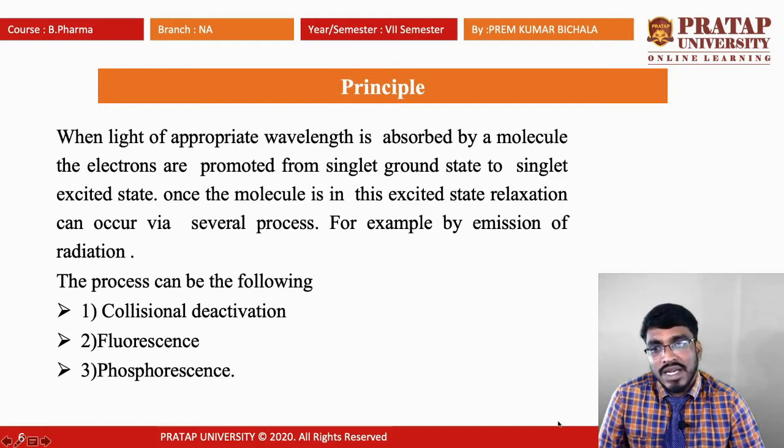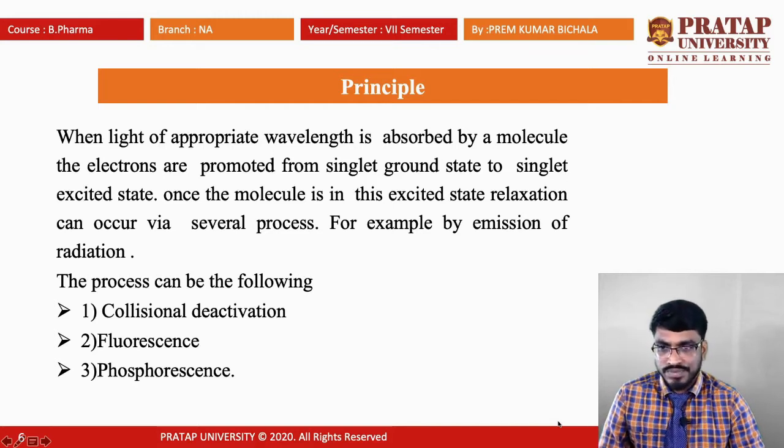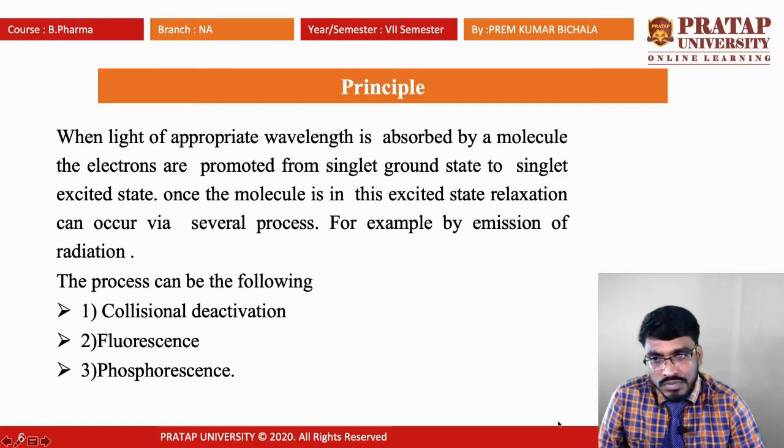That relaxation we can simply call emission, for example by emission of radiation. Here I mention three different processes in which the relaxation may take place: first collision deactivation, second fluorescence, third phosphorescence.